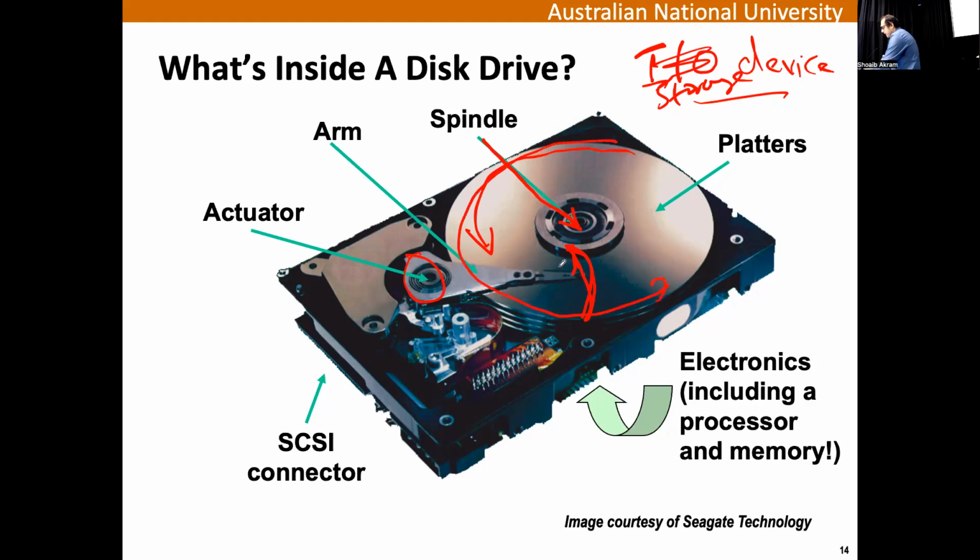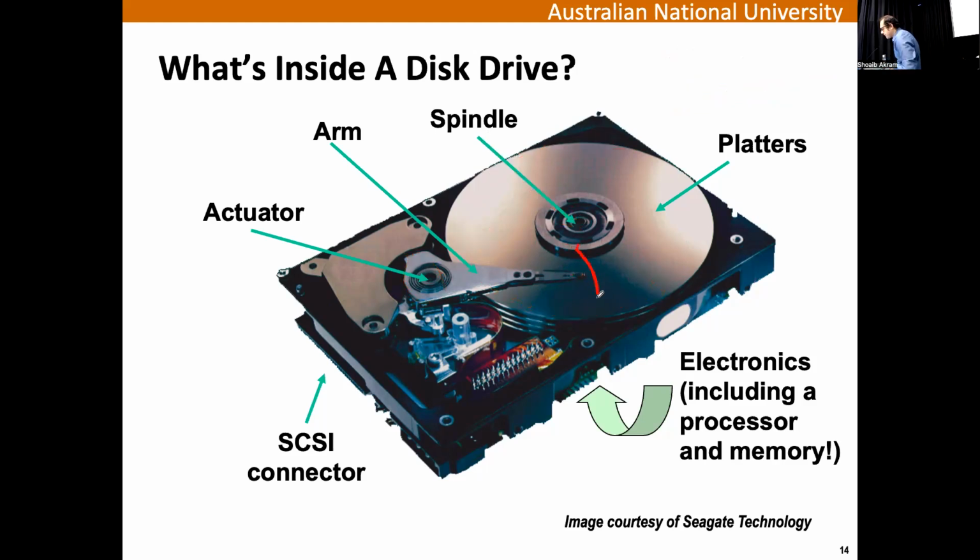So arm movement, remember, is in this direction. This is the axis along which the arm moves. The actuator moves the arm in this direction, and the platters rotate in this direction. So by the combination of arm movement and platter rotation, we can store and retrieve a lot of information.